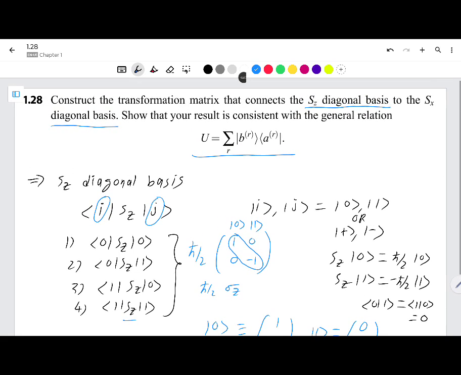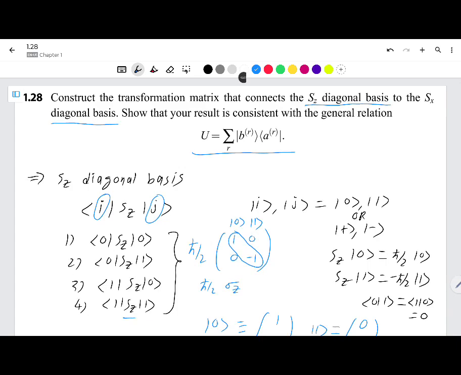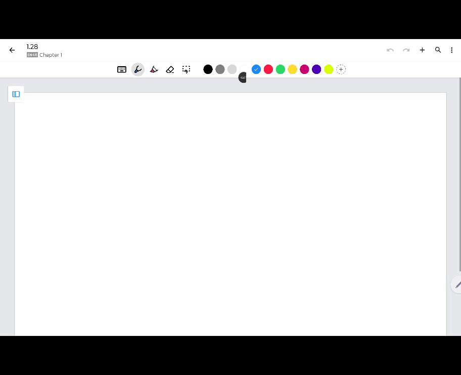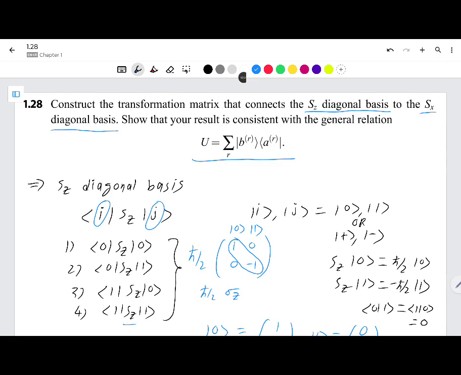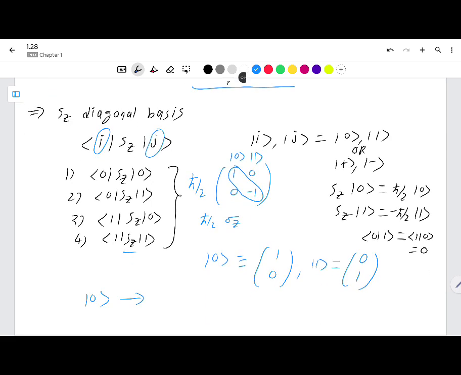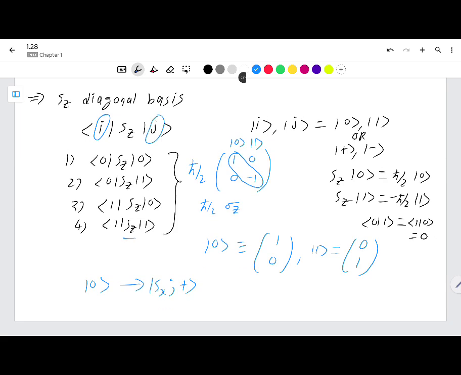So we are asked how can one go from the Sz diagonal basis, that means how can I go from state 0 to the Sx diagonal basis? That means I am basically going to move to the spin x eigenstates.